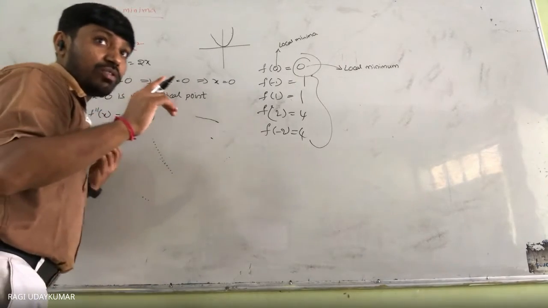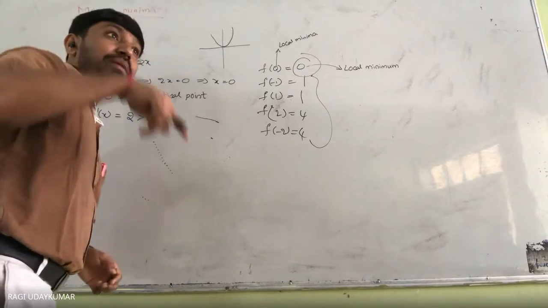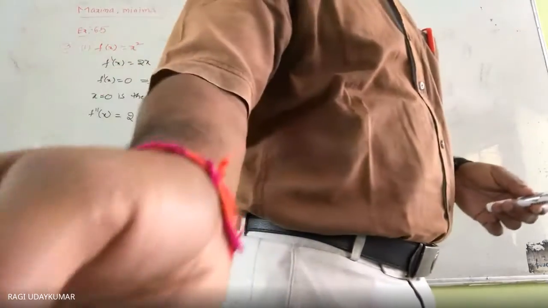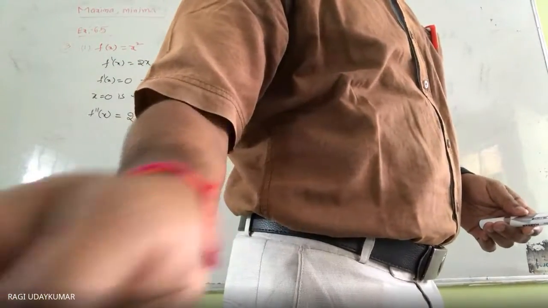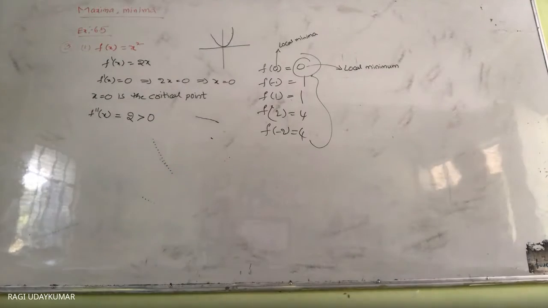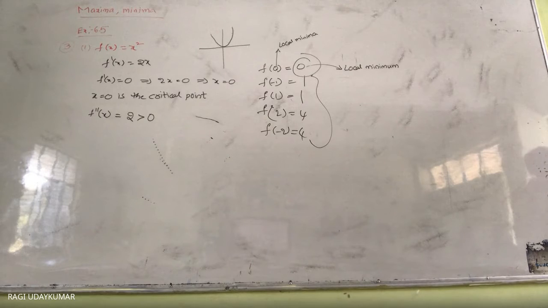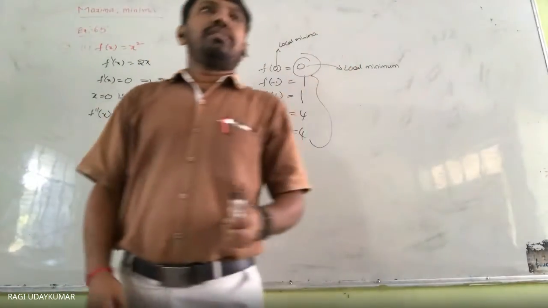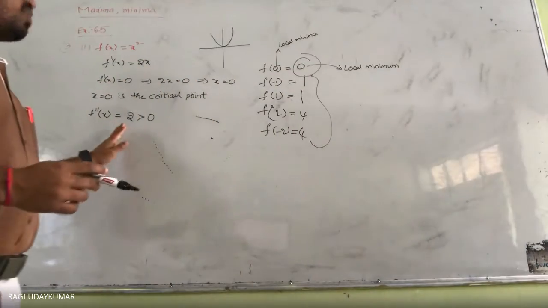Remember the second derivative test: greater than 0 means minimum, less than 0 means maximum. Okay, so now it is greater than 0.